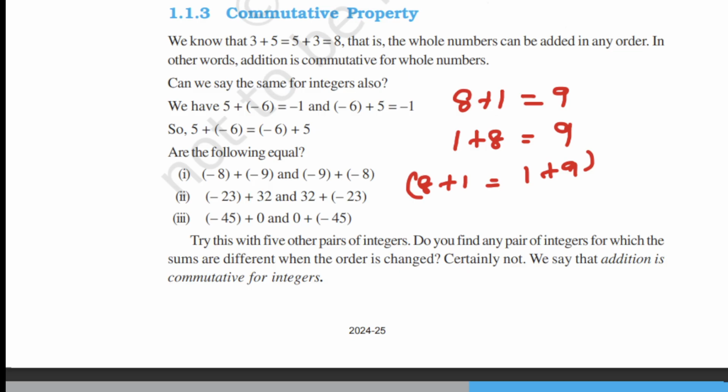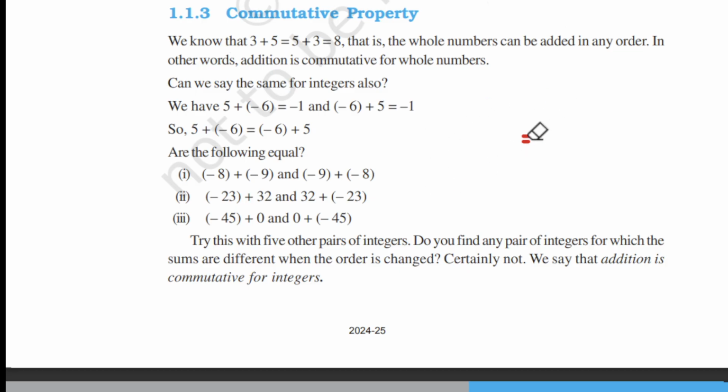Let me show you another example for integers. If you have 5 plus minus 2, which is equal to minus 2 plus 5, both are the same.